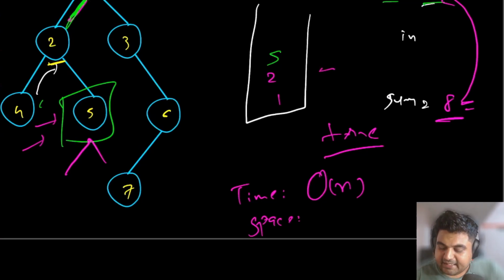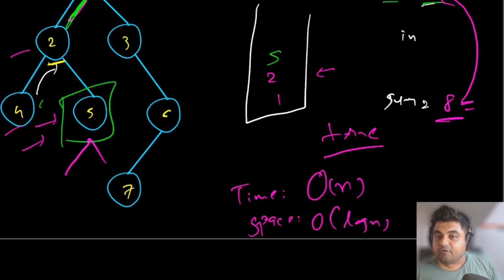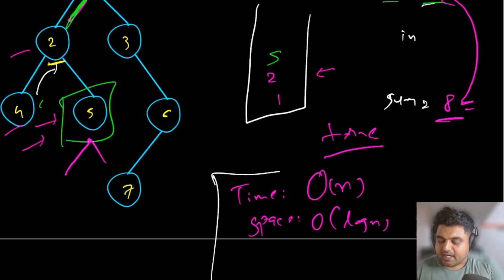But in the stack at any given position, we are going to have at max the depth of a binary tree. So it is going to be big O of log n, not big O of n. And if you say that this is log n, your interviewer is going to be really impressed, because he thinks that you have really good knowledge of data structures and algorithms, which is true and which is awesome.